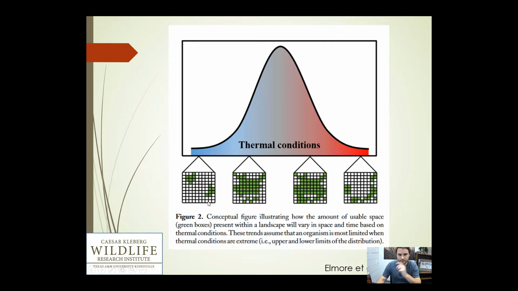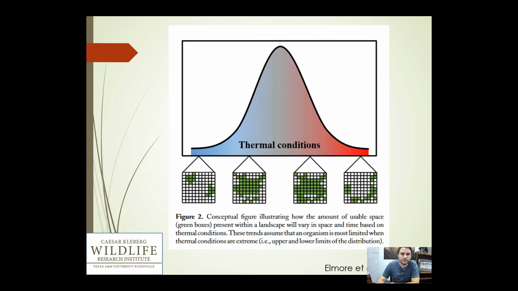We have a representation of usable space, space that is available to and being selected by an organism, represented in green, whereas white squares represent areas that are no longer usable because the thermal conditions aren't conducive for use there.